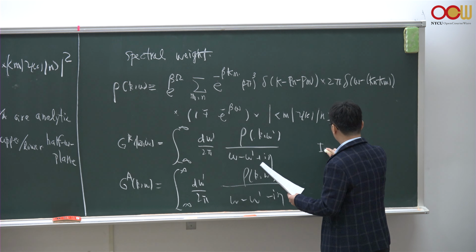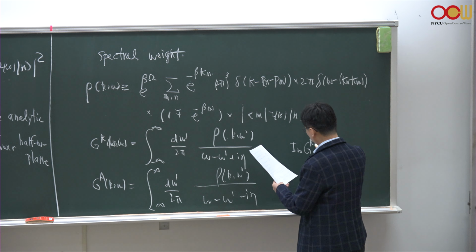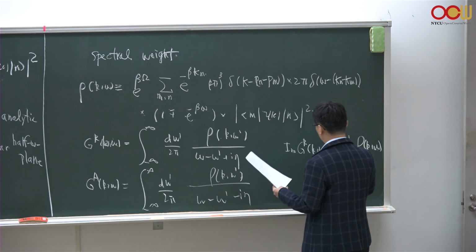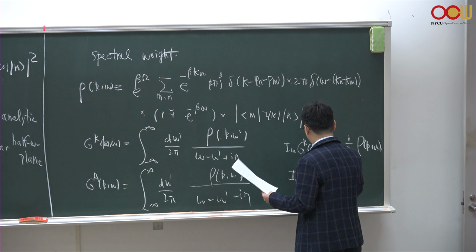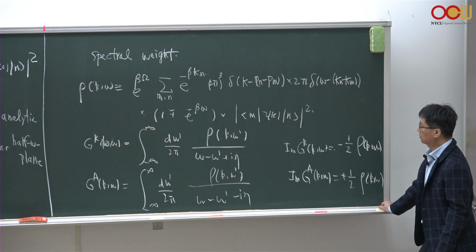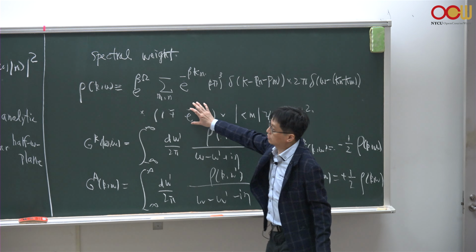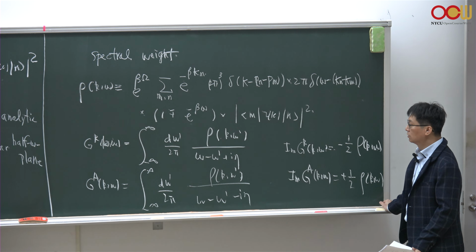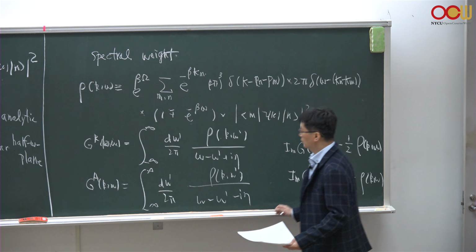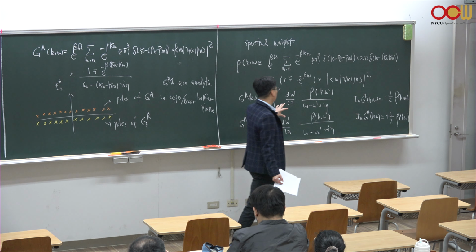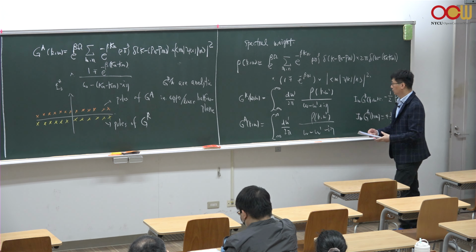The imaginary part of the Green's function for retarded is minus 1/2 of rho, and for advanced it is plus 1/2. Everything is almost the same except we have the thermal factors put in at finite temperatures. So this is the full expression of the Green's function in Fourier space at finite temperatures, and ideally this is what we should calculate, and this is what we should measure in the lab.